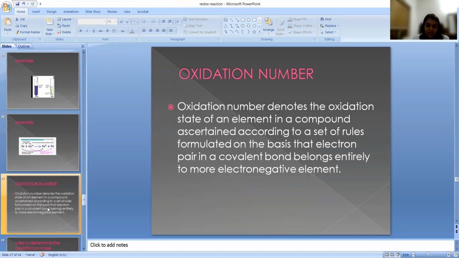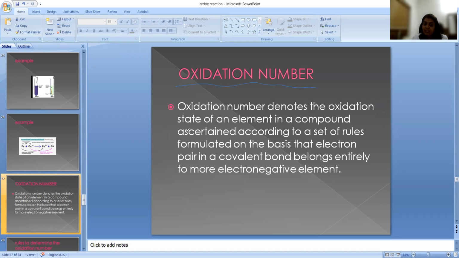Now let us see the rules. What is oxidation number? In a metal, how many electrons it is releasing or gaining is understood from the oxidation number. If it is losing electrons, it becomes positive, and if it is gaining electrons, it becomes negative. That number is called the oxidation number.